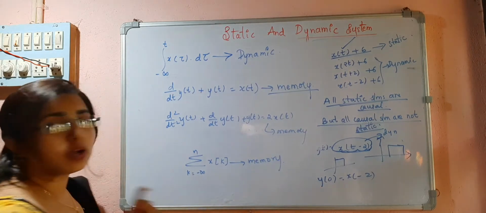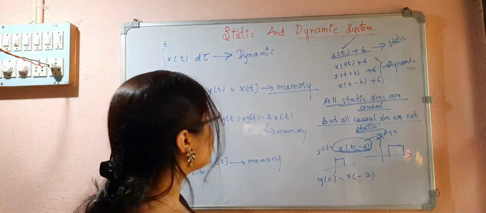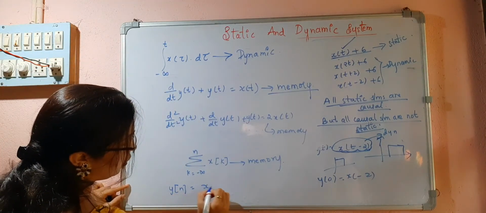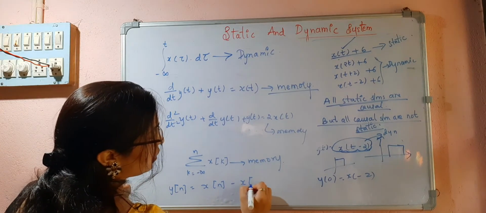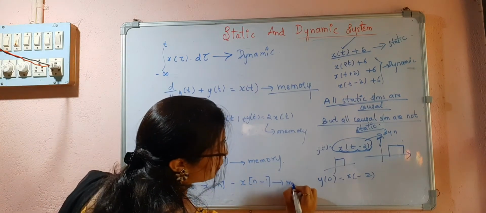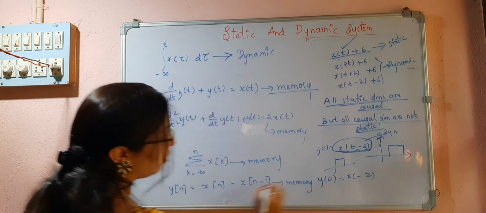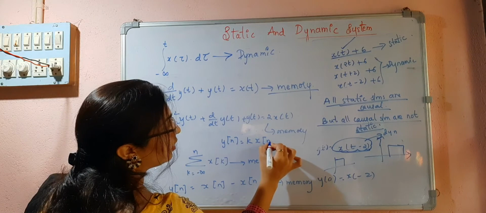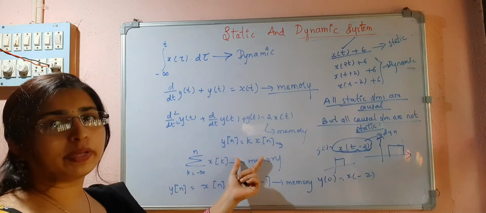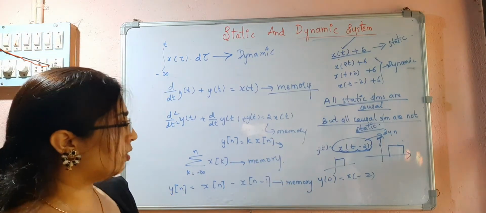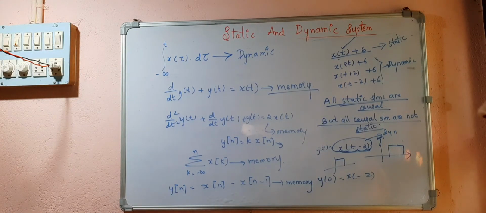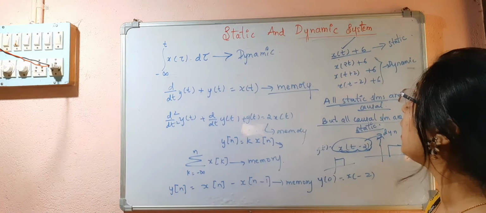Also, y of n is equal to x of n minus x of n minus 1, this also possesses memory. But y of n is equal to k x of n has no memory, that becomes a static system. So this is all about the static and dynamic systems.